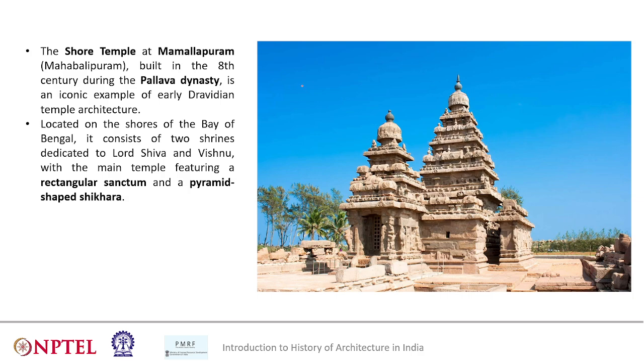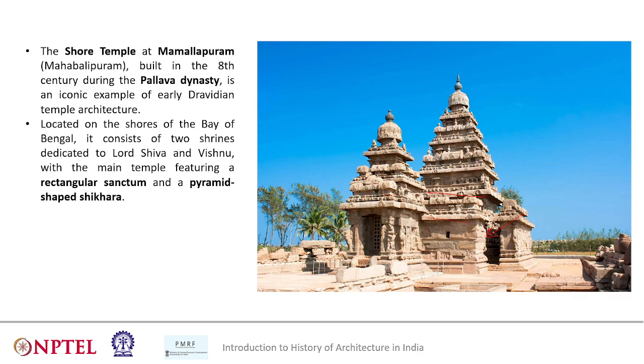This is located on the shores of the Bay of Bengal, and if you look into this photograph, you'll be able to understand that there's this rectangular sanctum, the garbhagriha basically, and on top of that what we have is the pyramid shaped shikhara.